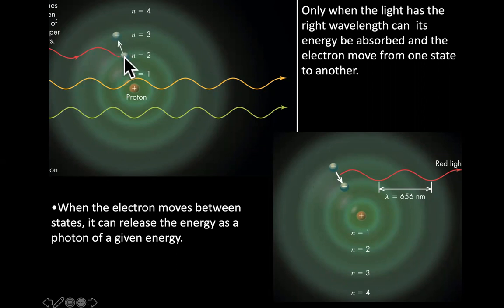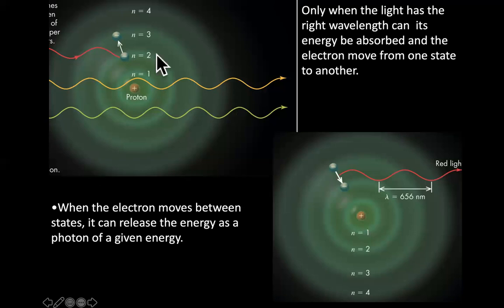But it can only do that if the energy of that photon matches the energy difference between the two states. If it doesn't, that interaction can't happen. So there's only certain wavelengths of light that can interact with the atom, change the electronic configuration, and get absorbed.